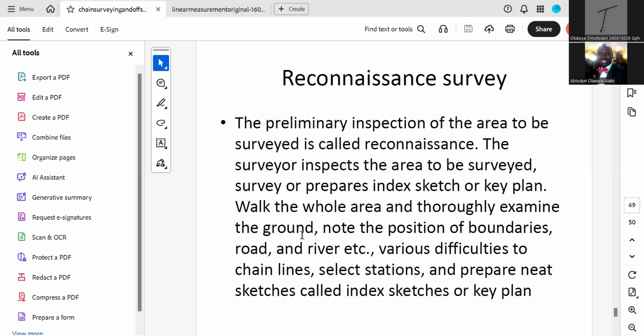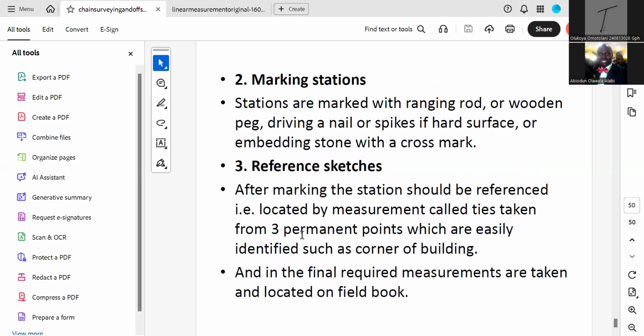We've said also that stations are marked with wedging rod or wooden peg, driven a nail or spikes if hard surface, or embedding stone with a cross mark. So we use the wedging rod or wooden pegs to mark stations on the ground. Then we have the reference sketches.